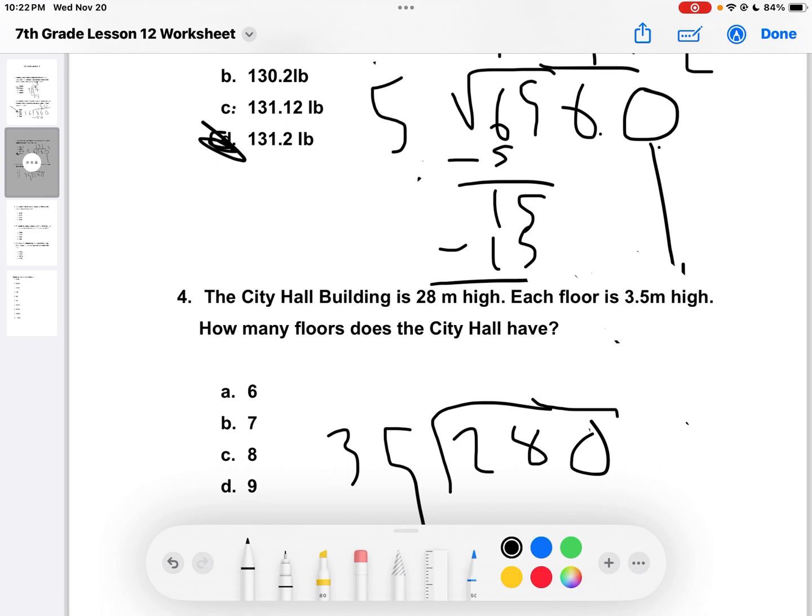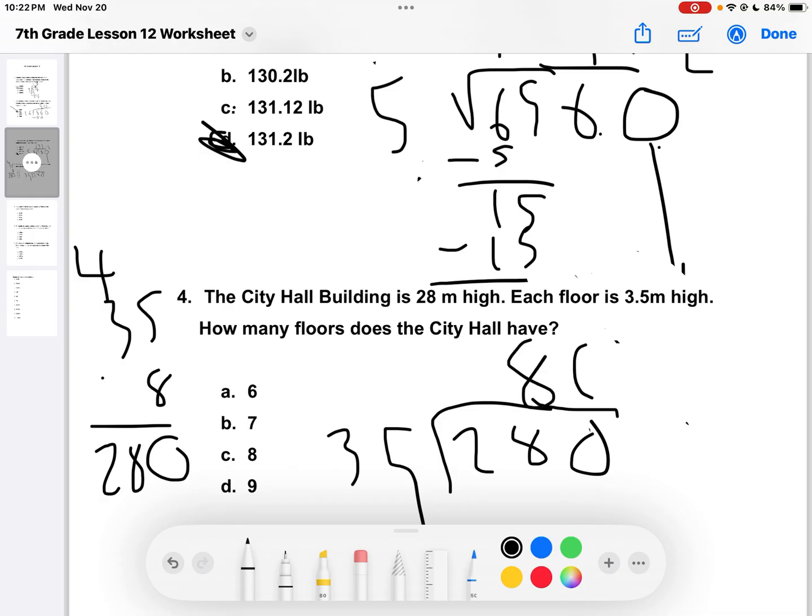And 35 goes into 280 exactly 8 times, so the answer will be C.